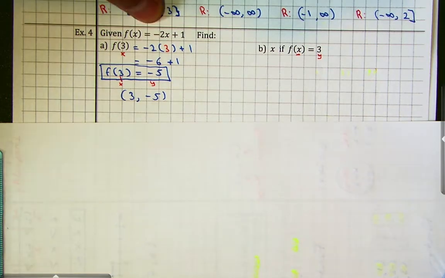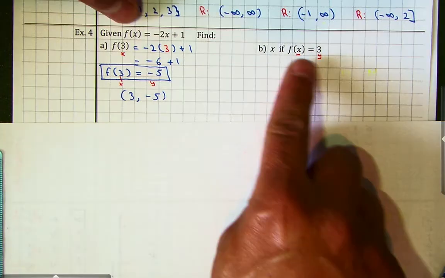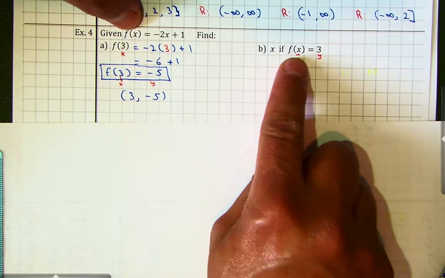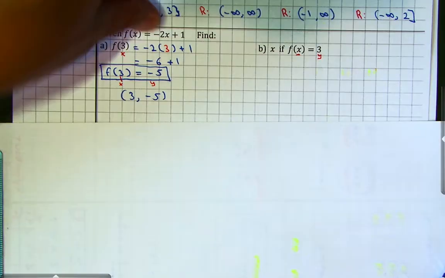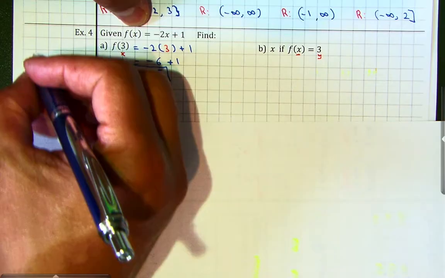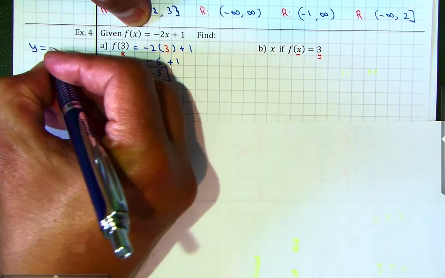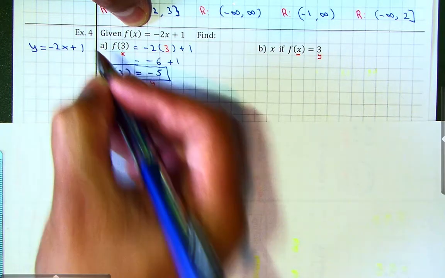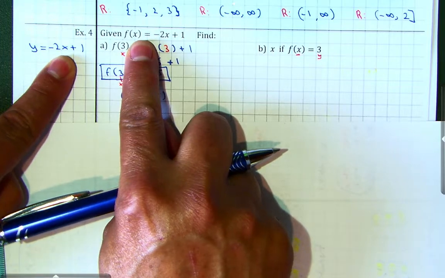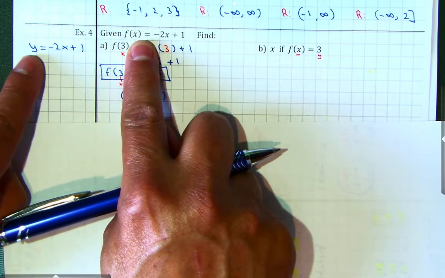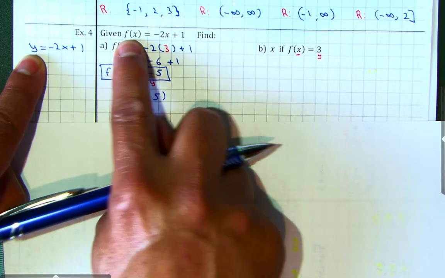We're looking for x, correct? So they're telling us that f of x is the y. Remember that whenever you see this notation, you need to be able to see it as y equals negative 2x plus 1. Those two expressions are equivalent. They're the same graph. This is the y value. This is a function notation.